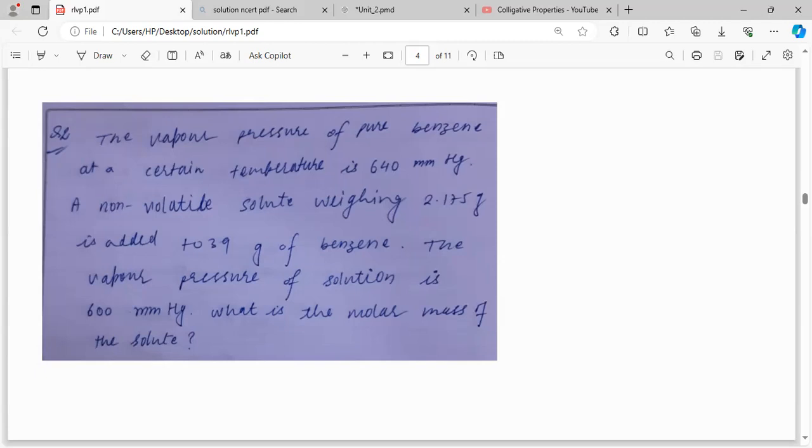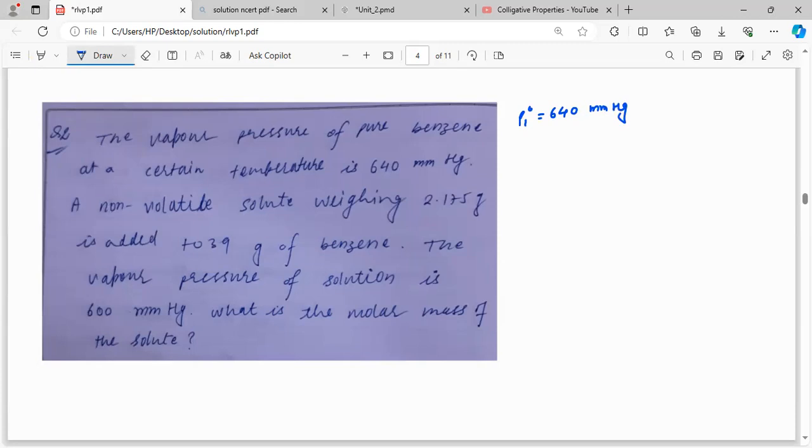Can you read the question? The vapor pressure of pure benzene at a certain temperature is 640 mmHg.